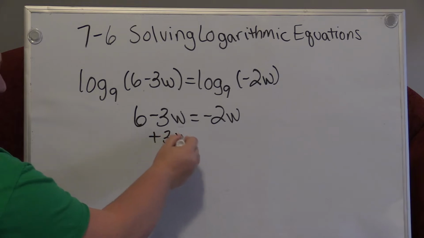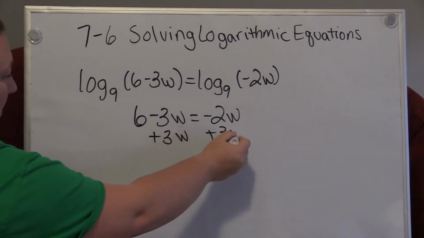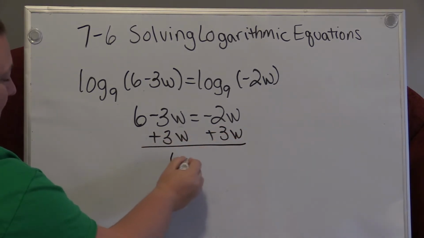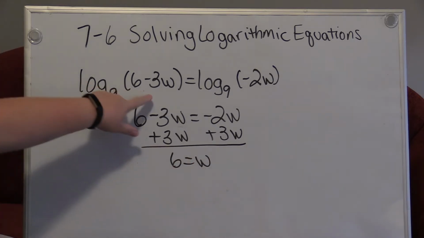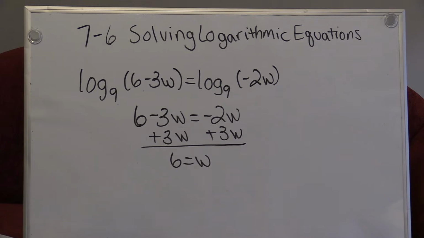Add 3w to both sides, and 6 equals w. If I put in w here, I get negative 3 times 6 is negative 18, plus 6 is negative 12.